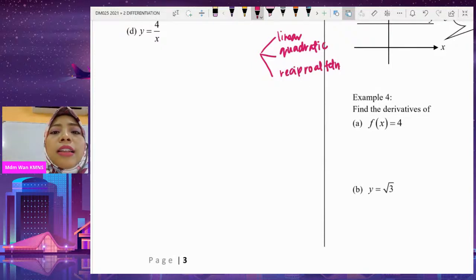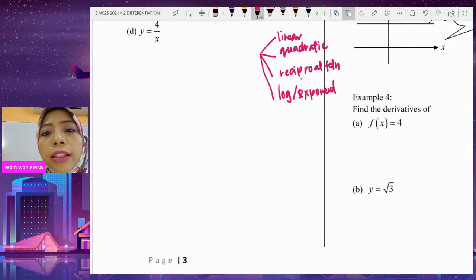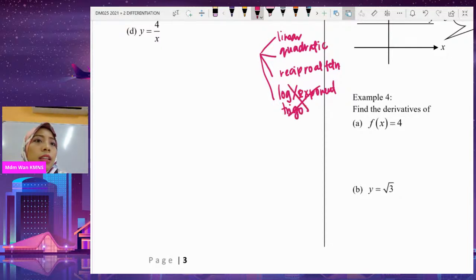Log, exponent, trigonometry are not included in your syllabus. Later, in future SM next year you will learn this.